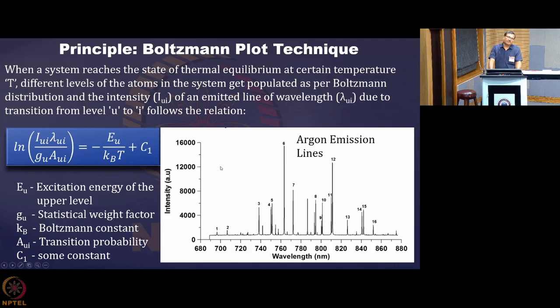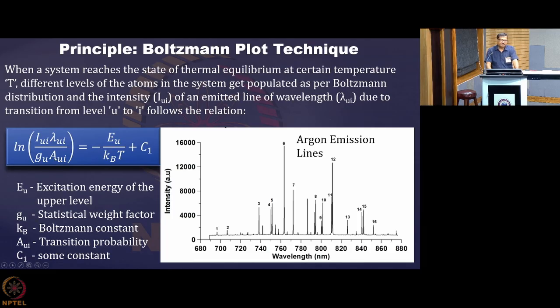Now, rather than getting the temperature from a single expression, you can make a plot of the form y equals mx plus c, where m is 1 by kT and x is EU. You vary x over a wide range, taking the possible values for different wavelengths.